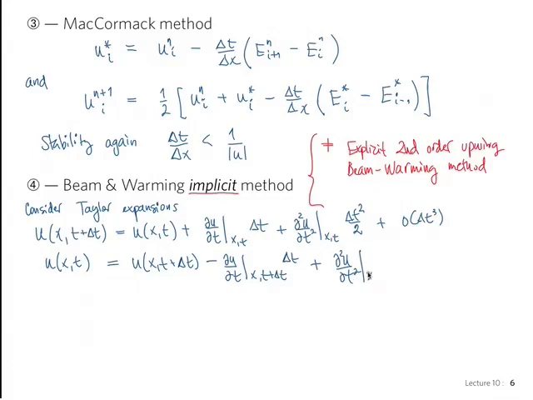Again, this is a different point, x, t plus delta t, and we have delta t squared over 2 plus order delta t cubed. So we're going to take these and subtract the second one from the first.